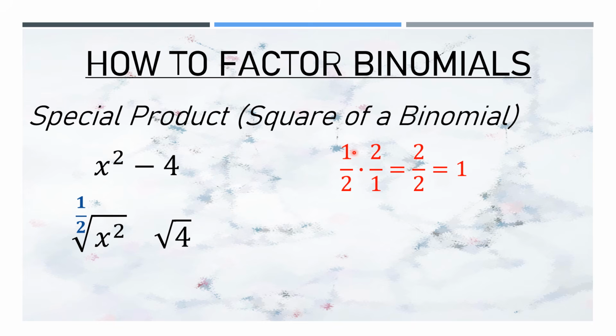So, 1/2 times 2 over 1, para hindi tayo malito sa pagmumultiply ng fraction, and then let us now multiply the numerators to numerators and denominator to denominator. So, 1 times 2 is 2, 2 times 1 is 2.